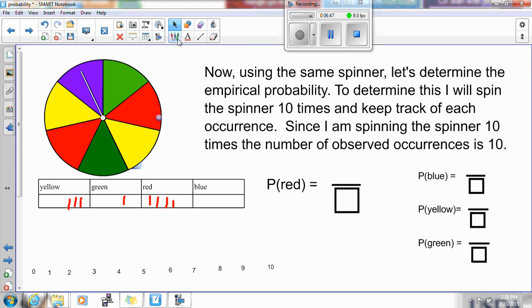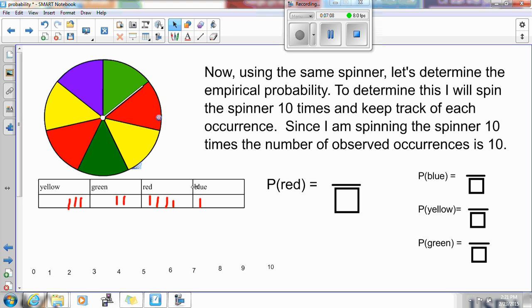There we go. I got a blue. And I think they got one more time. It's right on the line. I'm going to call that a green. Looks a little more to the green for me.